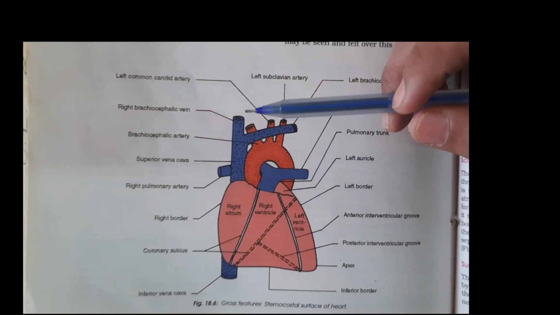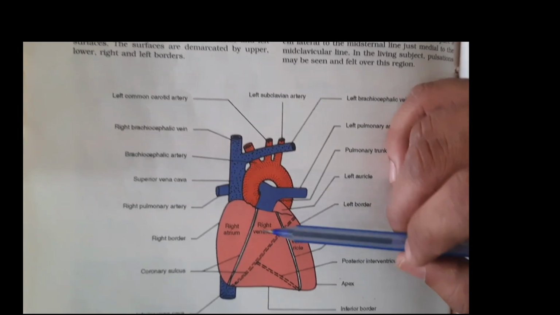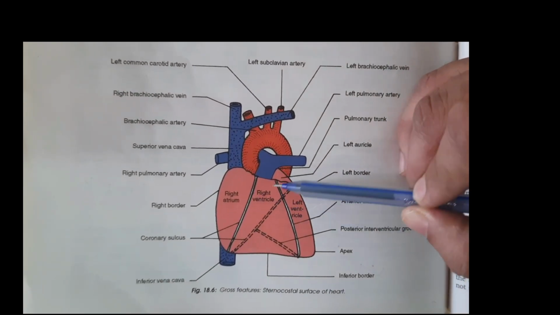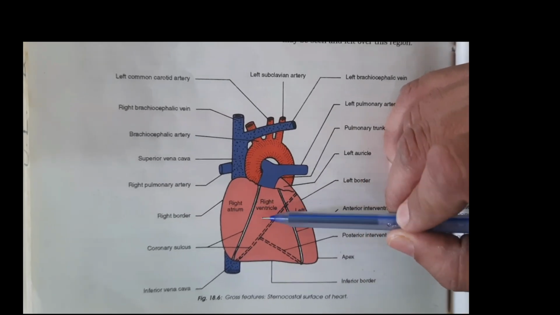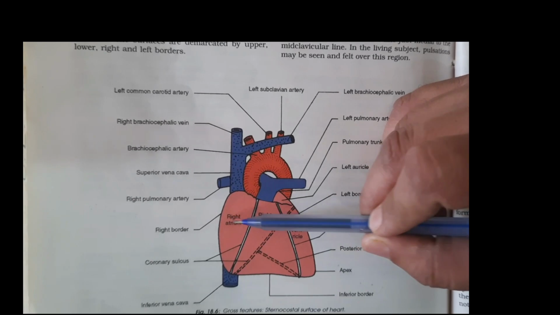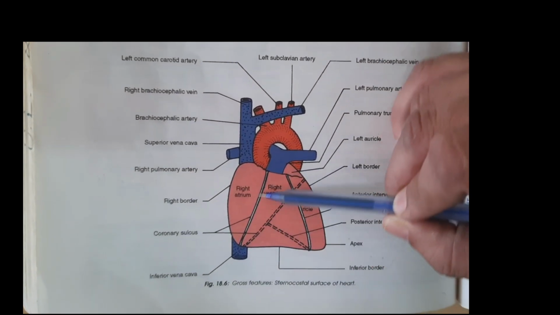Now, in the anterior surface, we can see this vertical groove that separates the atria from the ventricle, that is the right atrium from the right ventricle. That is the atrioventricular groove.